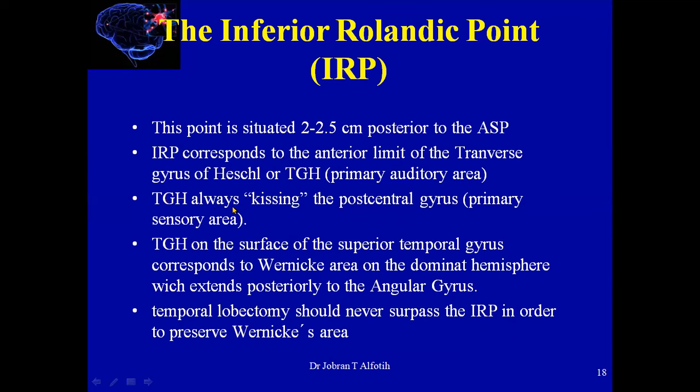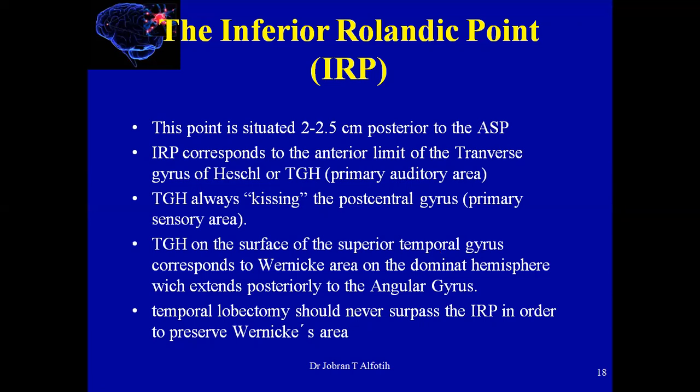TGH, or the transverse gyrus of Heschl, is always next to the postcentral gyrus, and the postcentral gyrus is a primary sensory area. TGH on the surface of the superior temporal gyrus corresponds to the Wernicke area on the dominant hemisphere, which extends posteriorly to the angular gyrus.